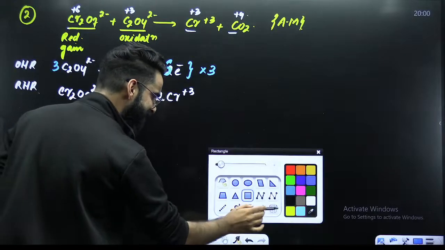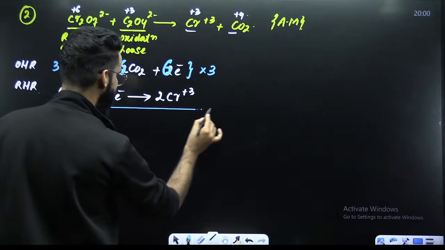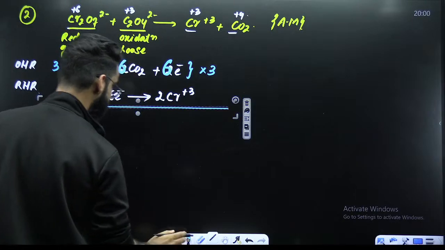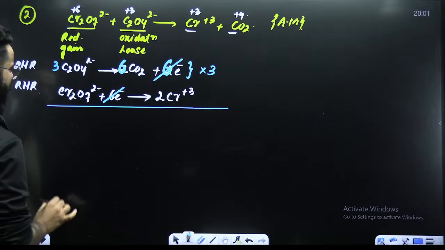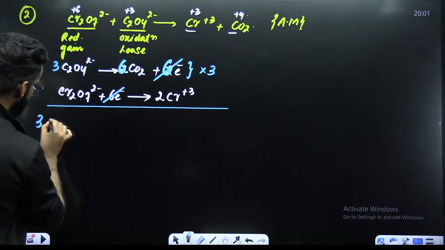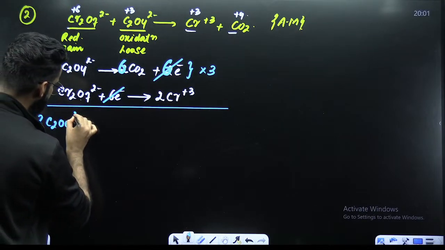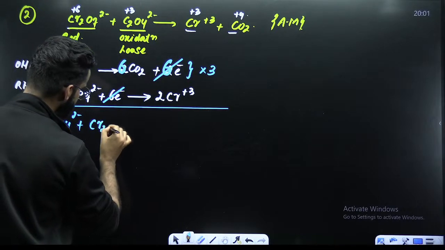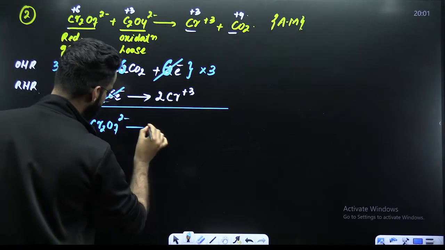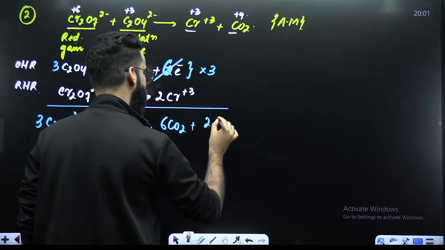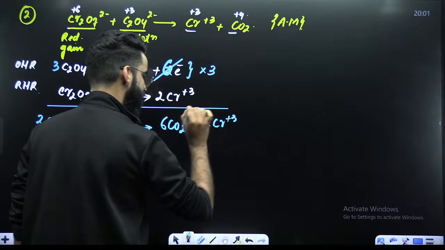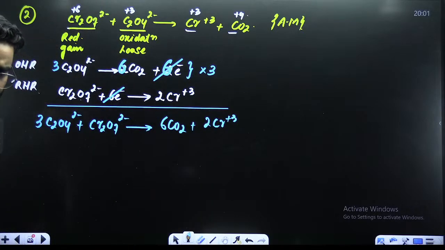After balancing these electrons, I will be adding them. And when you add them, the 6 electrons get cancelled out. What will be my net reaction? Net reaction is going to be 3 times C2O4 dinegative plus Cr2O7 dinegative. It gives 6 times carbon dioxide plus 2 times Cr tripositive. This is the net reaction now.